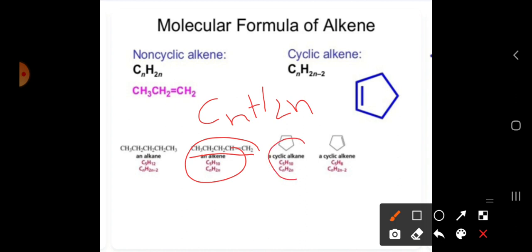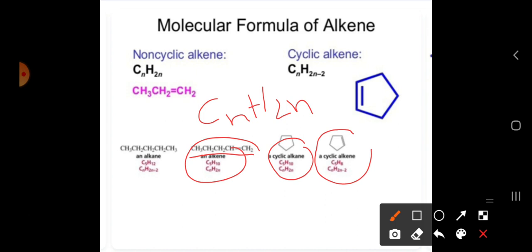Cycloalkane is different, and cyclic alkene is different. For cycloalkane also the formula is CnH2n.